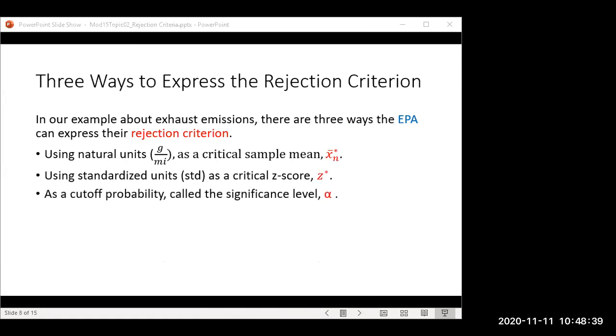Or they can give you a cutoff probability called the significance level, where, okay, if your p-value is less than that, then that's far out enough. They can express it in any one of those ways, but it's just a difference of expression. It doesn't change whatever their cutoff is. And I'm going to illustrate and discuss each of those a little bit in the next couple of slides.